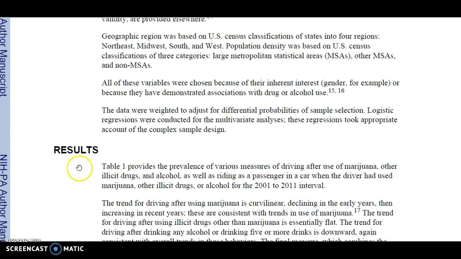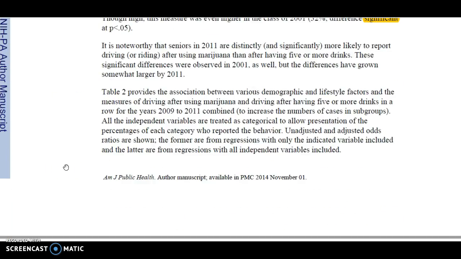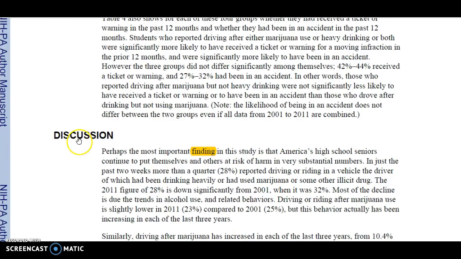The results, what they found, and we can see here, Table 1 provides the information. And discussion. And discussion discusses, okay, this is what we found. These were the results. What do they mean? So these are key headings to pay attention to in empirical research articles.